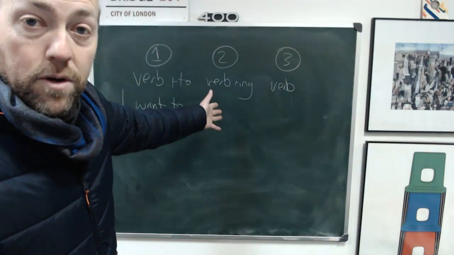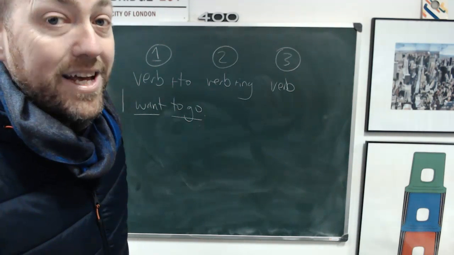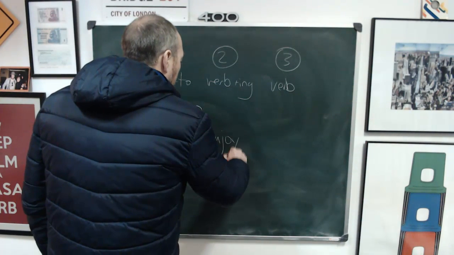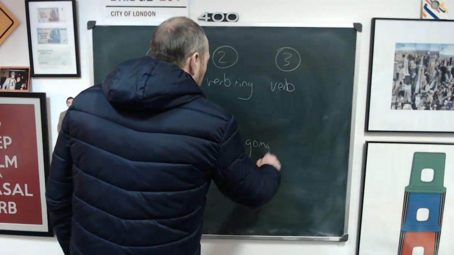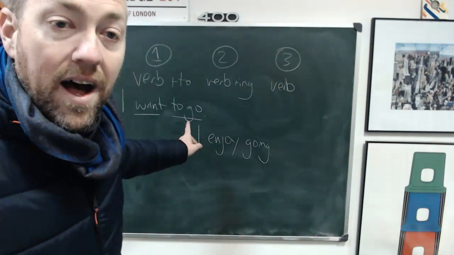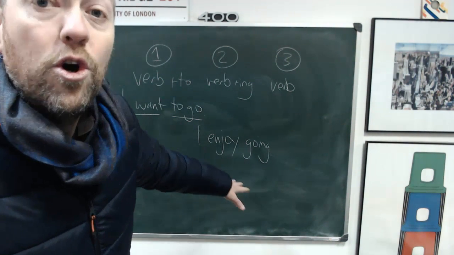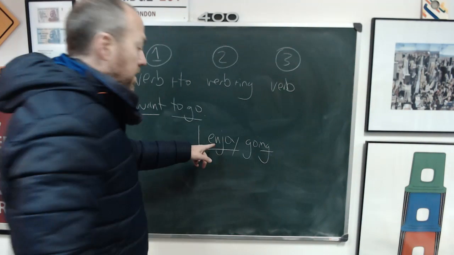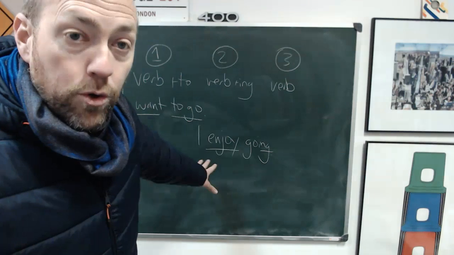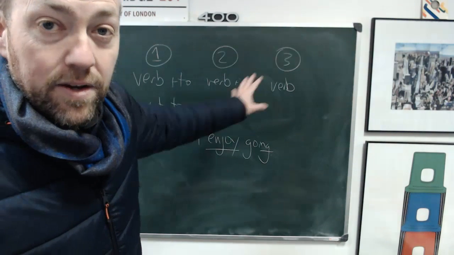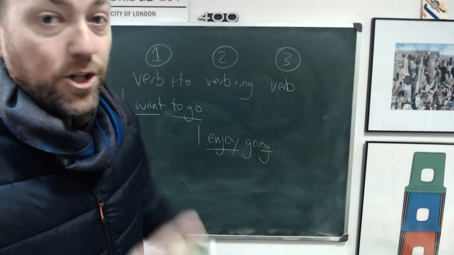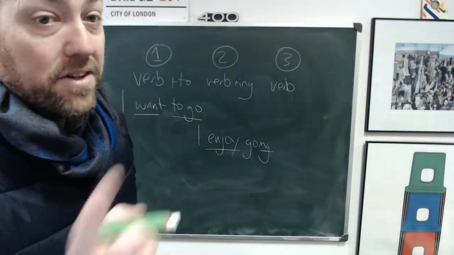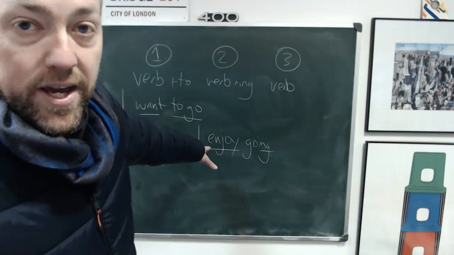But then we have verbs with ing, like, for example, enjoy. I enjoy going. Okay, so we can see that the verb enjoy will always be with ing. You cannot say I enjoy to go, and you cannot say I want going.